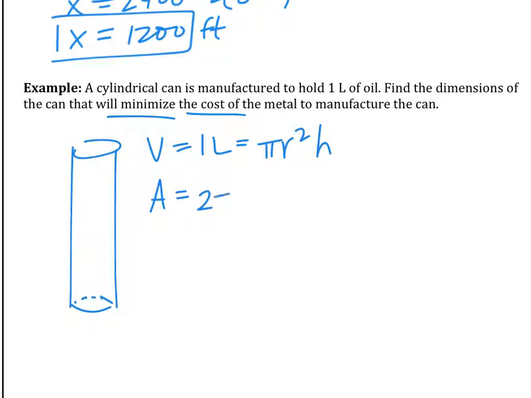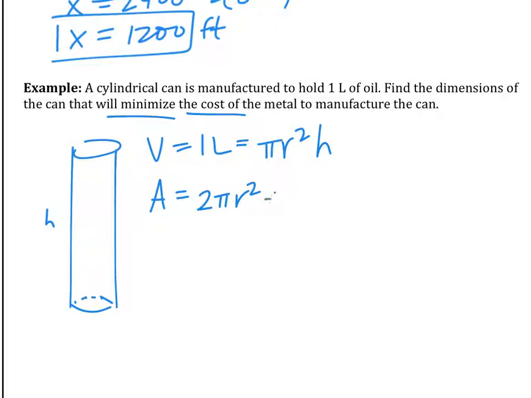2 pi r squared, so that is each of those pi r squared, there are 2 of them. Pi r l. Well, let's use h. Not pi r l, 2 pi r. 2 pi r, that's the circumference, times height.